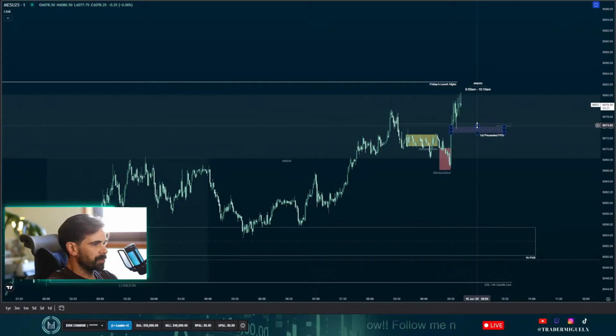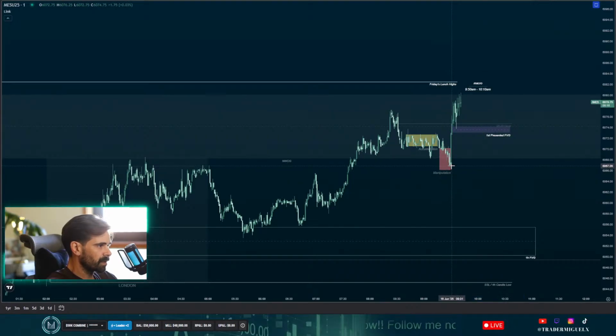In order to think about shorts, we should start to see price lower, disrespect the 8:30 open, disrespect the first presented fair value gap as well. So yeah, we need to see something bearish happening.